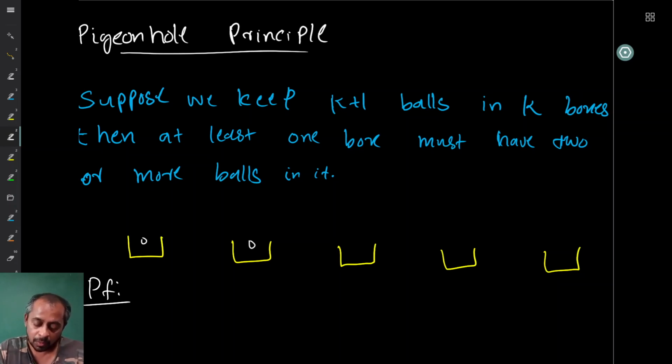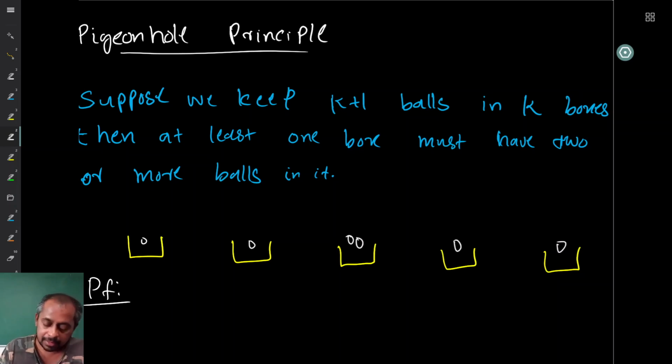So if I want to avoid that, then I will try to put at most one in each. But now I don't have a choice. I have to select one more here. If I have 6 balls and 5 boxes, I need to put at least two in one of them, right? So this is easy to see, and this is precisely what the pigeonhole principle is.